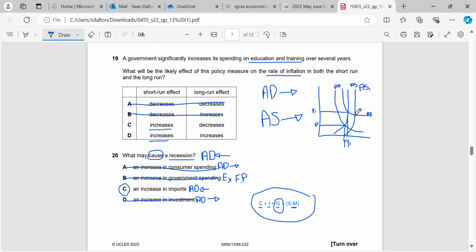And what we'll see is that the price level can actually reduce, right? So in the long run, the price level can come down, which is why C is the correct answer. We might have a short-term increase in inflation due to AD, but in the long run, AS will shift, because it is not just a fiscal policy, it's also a supply side policy designed to shift AS.